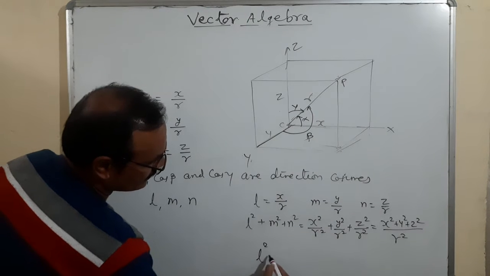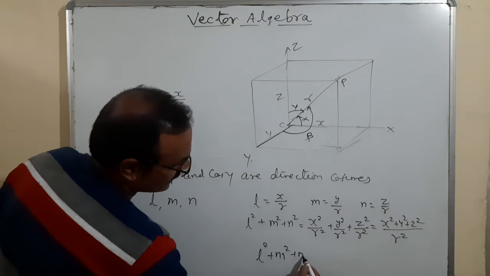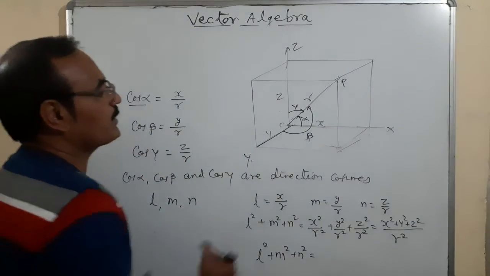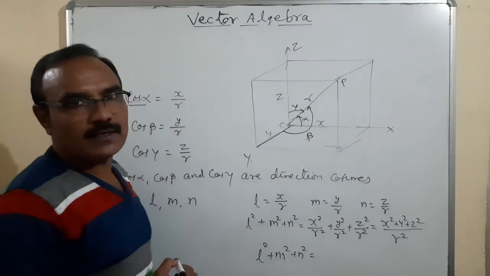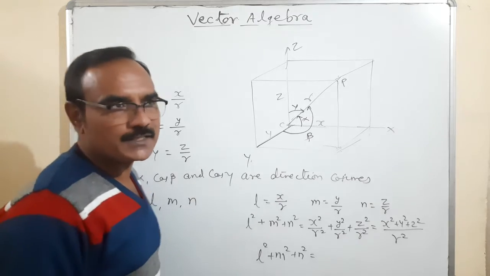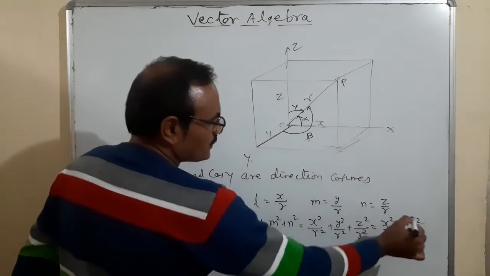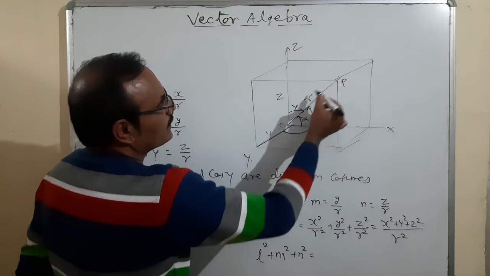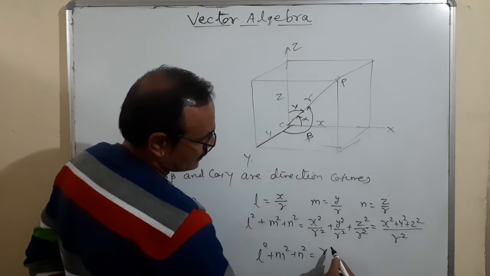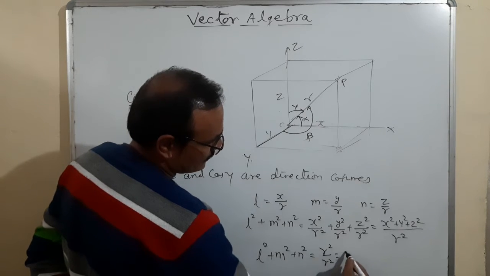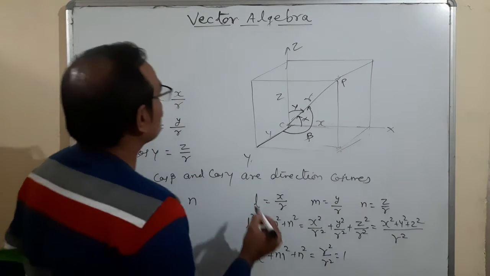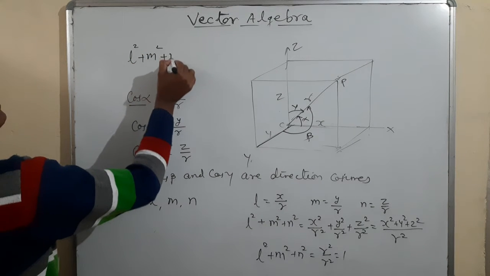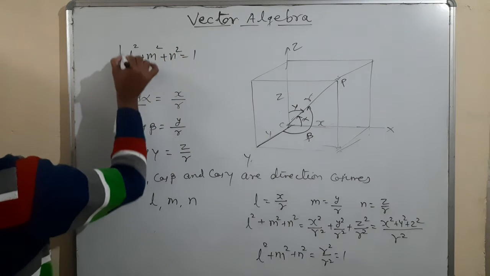So l square plus m square plus n square is equal to x square plus y square plus z square upon r square. OP distance is r, so it is r square upon r square, that means it is equal to 1. So one relation is l square plus m square plus n square is equal to 1.